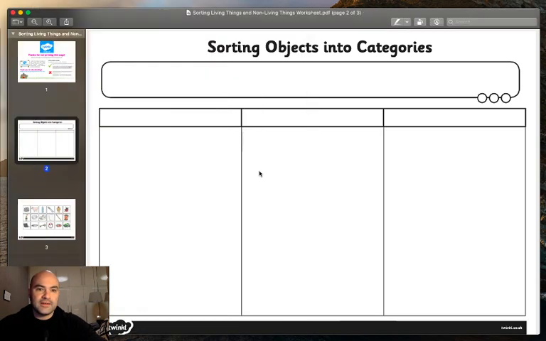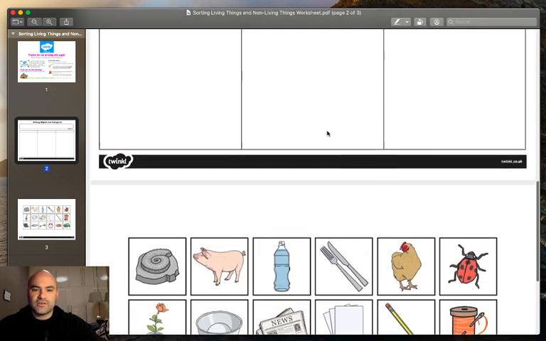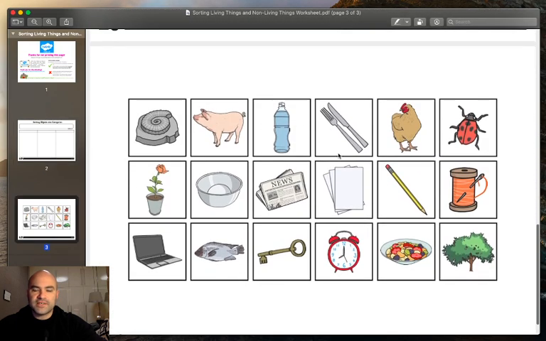And then the last one I want you to do, sorting objects into categories. So these objects, I want you to cut them out. Remy, I want you to cut them out, please. Matyash, I know you guys don't like cutting that much, but please, please, please, you can use my scissors. Just kidding. You can't use my scissors because you can't come over here.